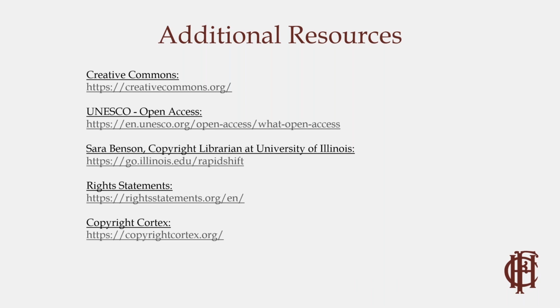For instance, the United States has different copyright and open access rules or considerations or stipulations versus those that are acceptable in Europe, for example. So just doing some research on that would be the best advice. But you can definitely start off with these additional resources just as a jumping off point.